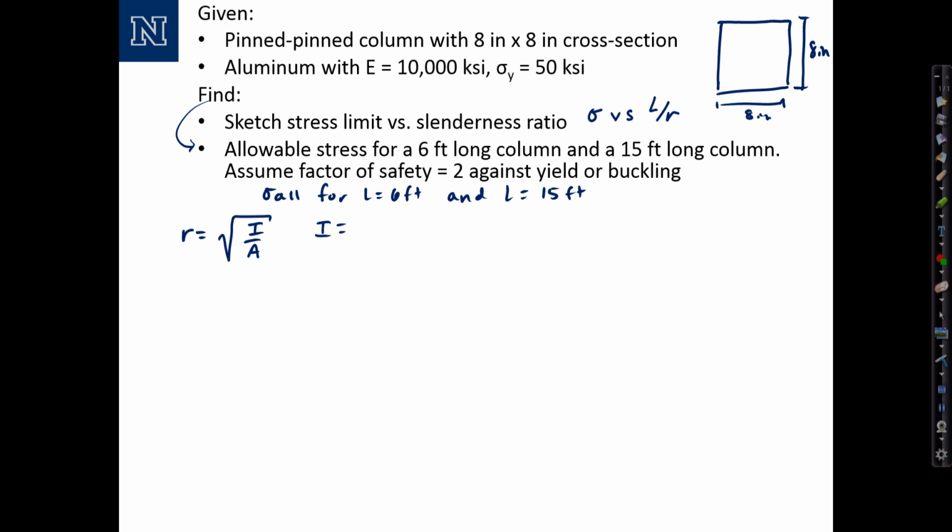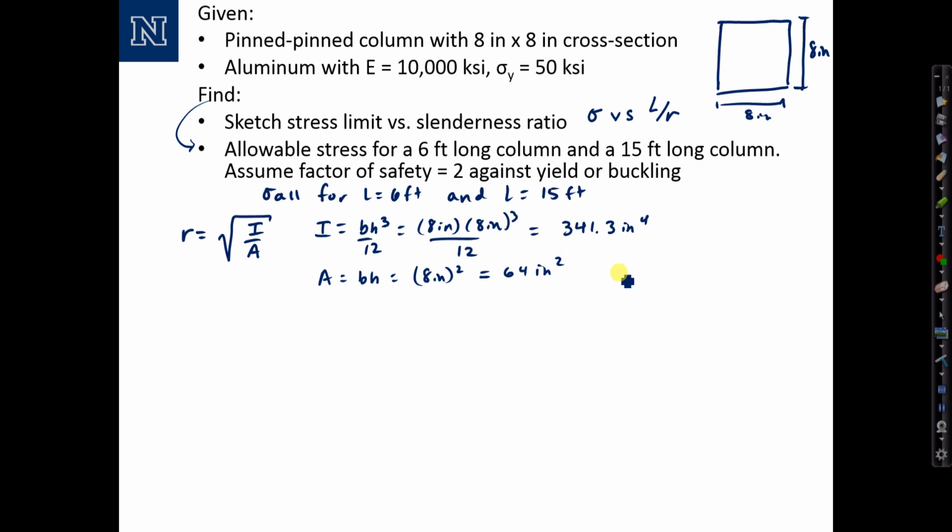I for the square section, BH cubed over 12, same in both directions, so that would be 8 inches times 8 inches cubed over 12, which computes to 341.3 inches to the fourth. A is equal to just B times H, or 8 inches squared, which is 64 inches squared.